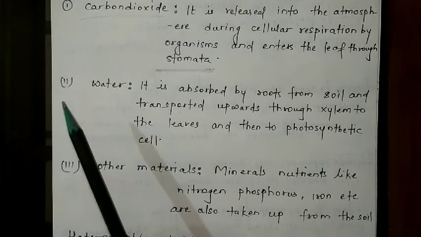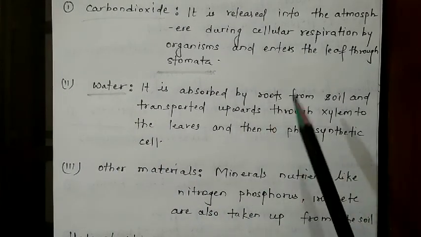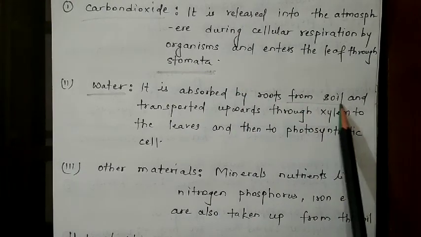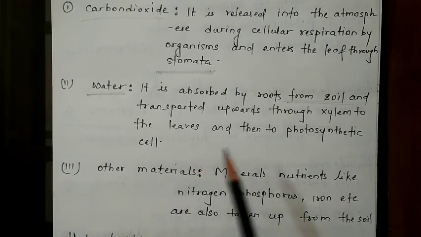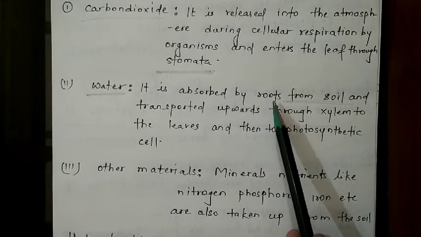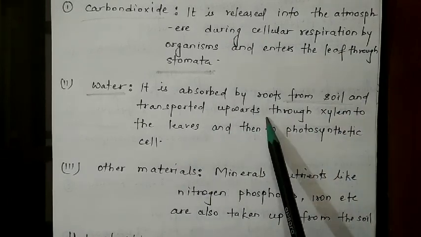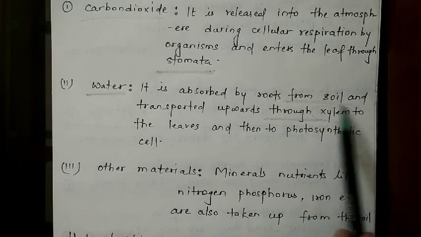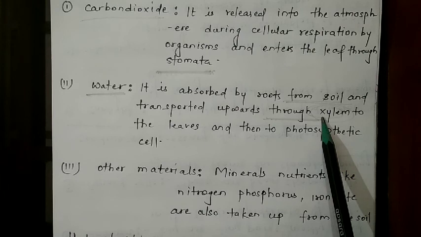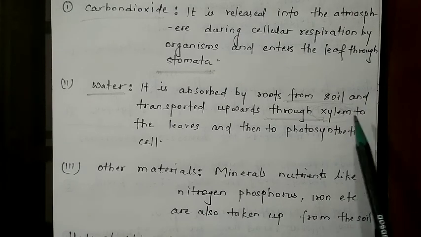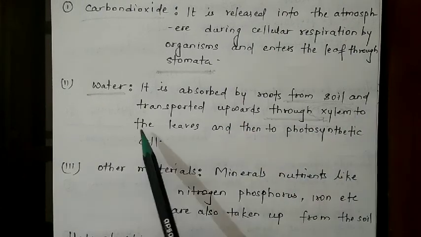Then water. It is absorbed by the roots from the soil. Means the plant absorbs some nutrients through this water with the help of the roots from the soil and transports it upwards through xylem, because you know xylem is a tissue that conducts water towards the leaves.